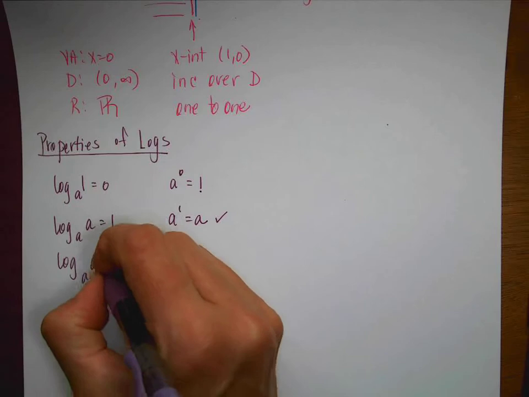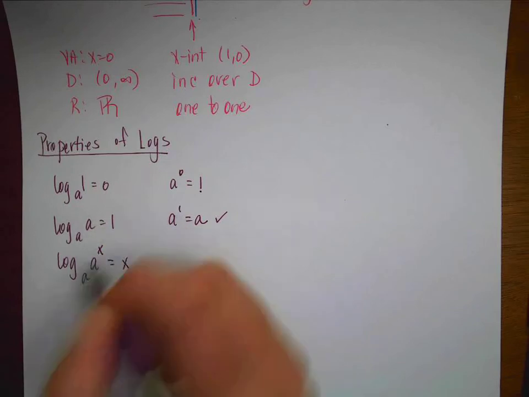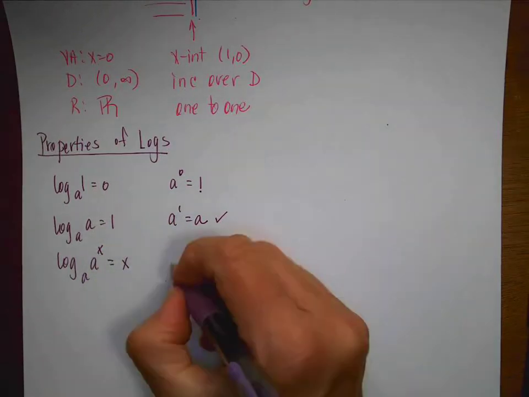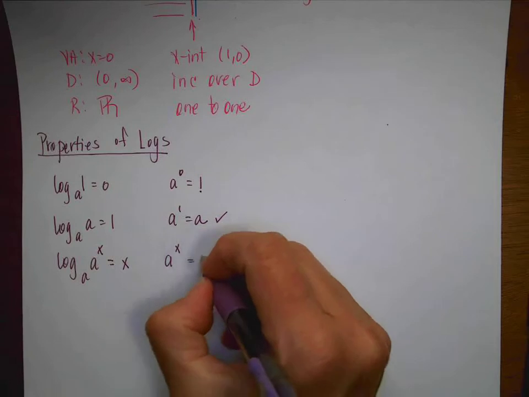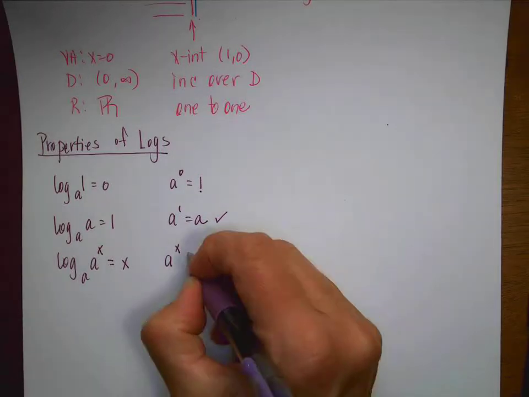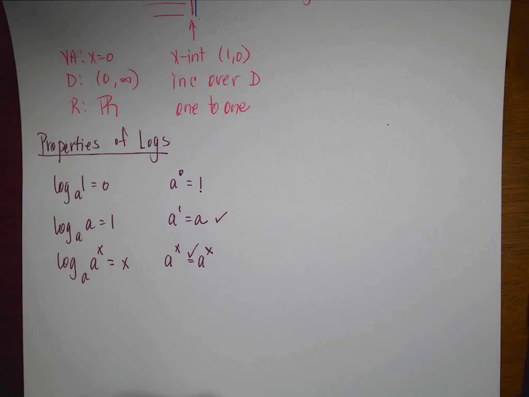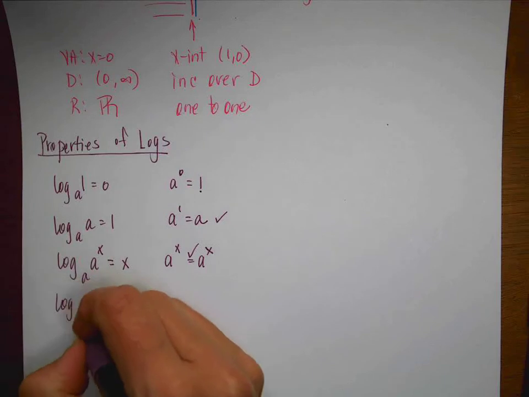The next one is the log base a of a to the x is equal to x. If you think about the same thing, go back to exponent form: a to the x is equal to a to the x. Yep, that's also true.